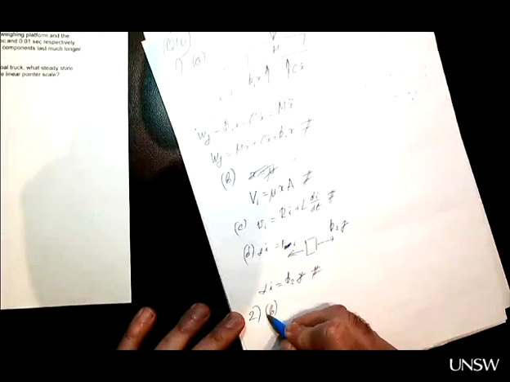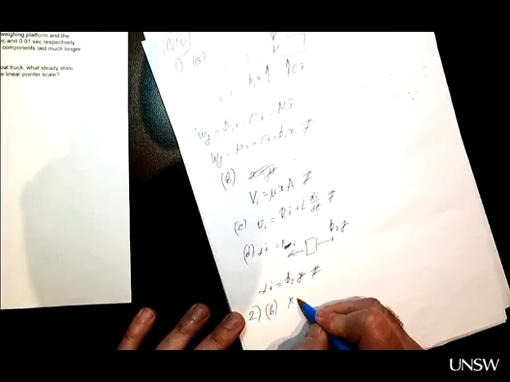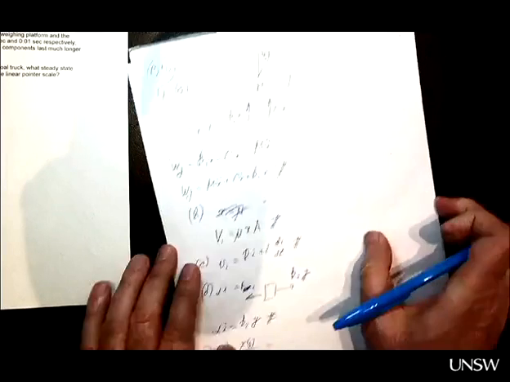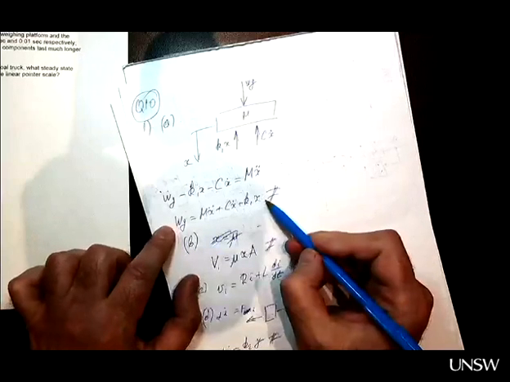X of s over w of s is obtained when you apply a Laplace transform on this equation.